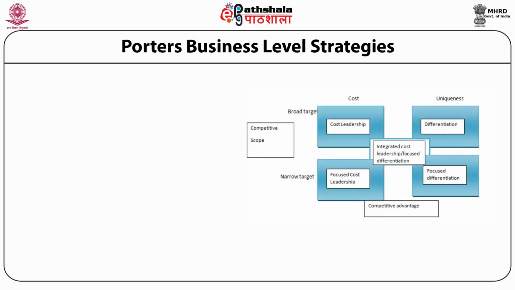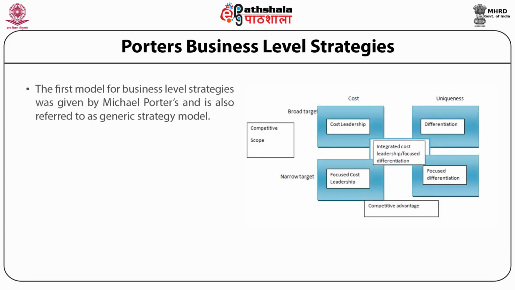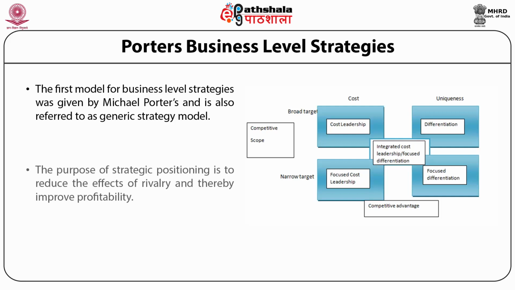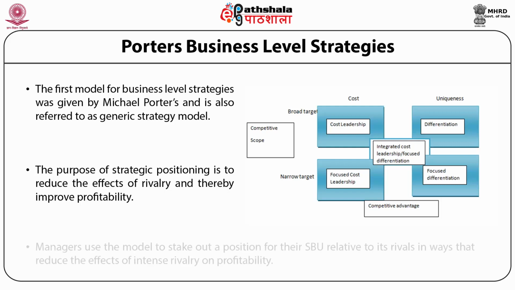Porter's business level strategies. This model of business level strategies was proposed by Michael Porter and is also referred to as generic strategic model. This model states that the purpose of strategic positioning is to reduce the effects of rivalry and thereby improve profitability.